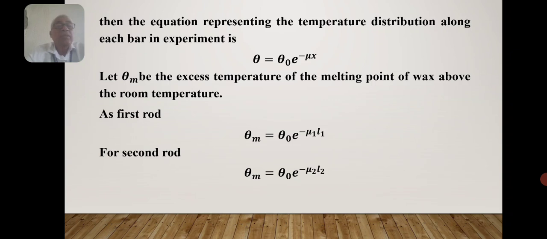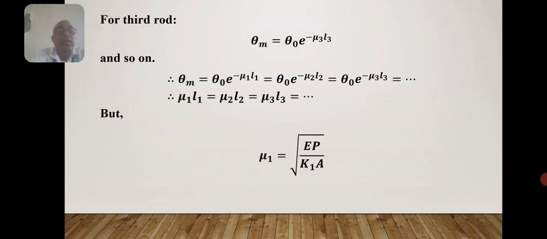For the first rod, theta m equals theta 0 e raised to minus mu 1 into L1. For the second rod, theta m equals theta 0 e raised to minus mu 2 into L2, and for the third rod, theta m equals theta 0 e raised to minus mu 3 into L3, and so on.